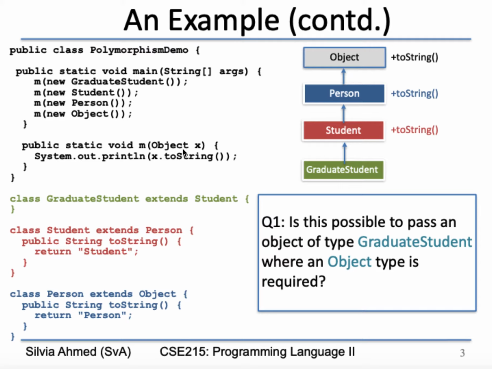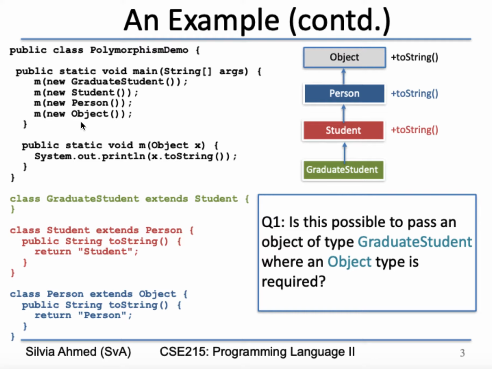But when we are calling the m method, in the first call we are passing an object of type GraduateStudent. In the second one, we are passing an object of type Student. In the third one, an object of type Person. And in the fourth one, an object of type Object.